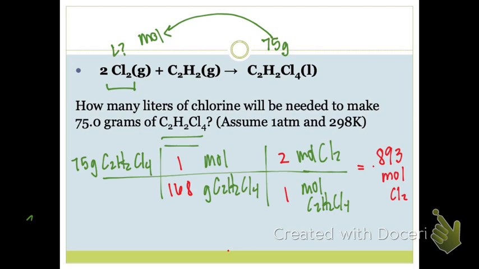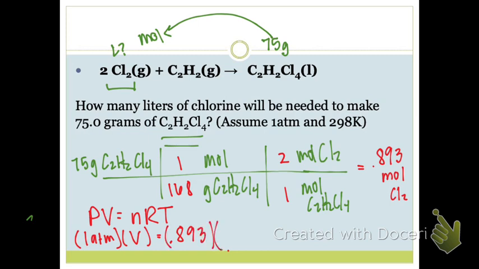And so now we've got to figure out how much volume that is. And I can't just take that times 22.4 because I'm not at STP. So I'm going to take that amount, and we're going to use the ideal gas law. PV equals nRT. My pressure, we already said, was 1 atmosphere. Volume is going to be what we're solving for. 0.893 is my moles.